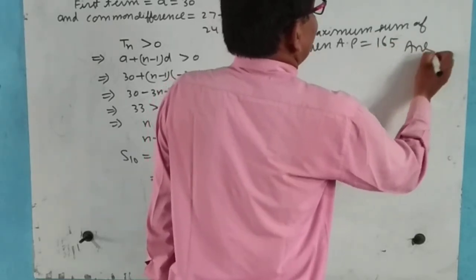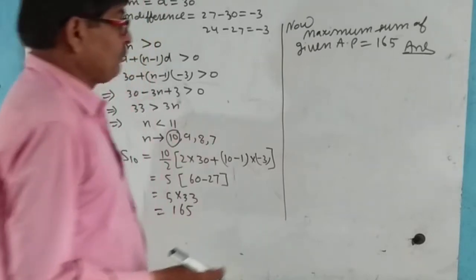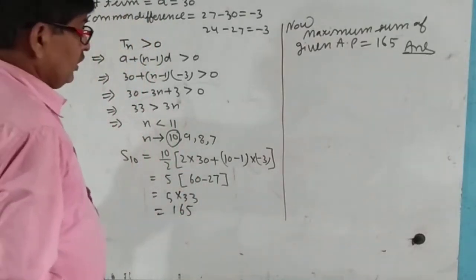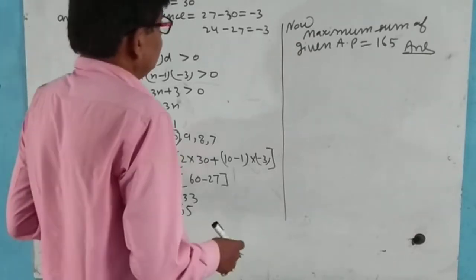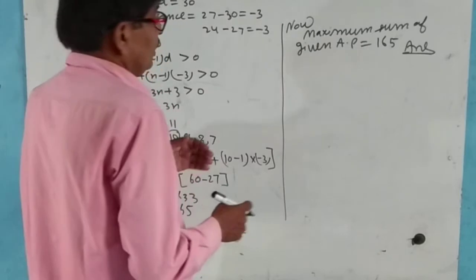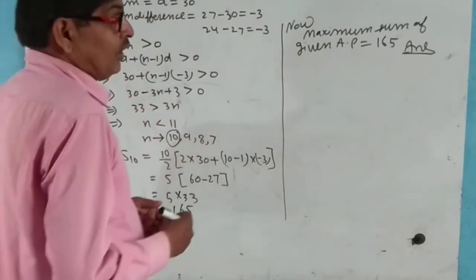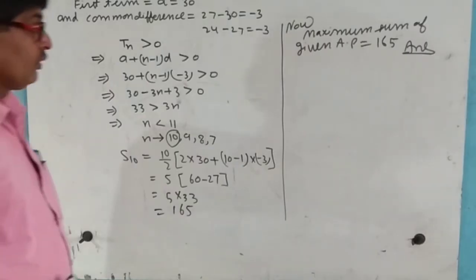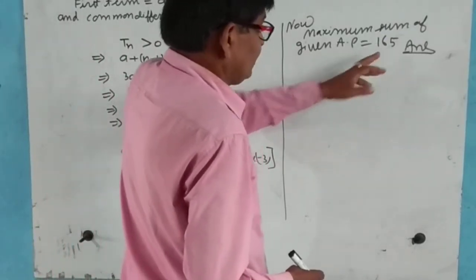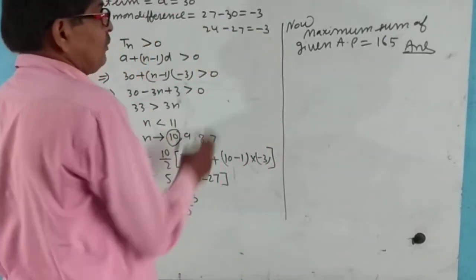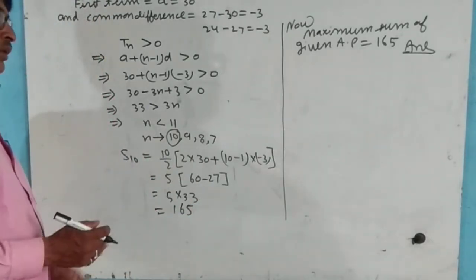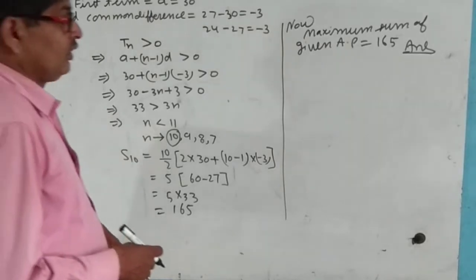This is our answer, because after that is the 10th term. After that the numbers will become negative. Now the maximum sum of the given AP is 165, because after that the terms become negative and the sum also decreases.